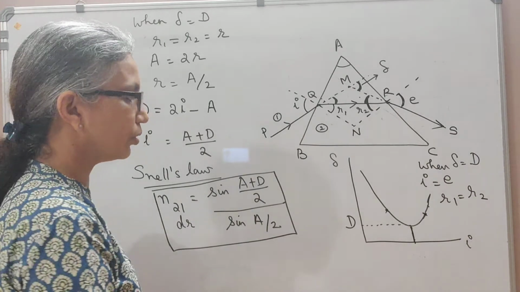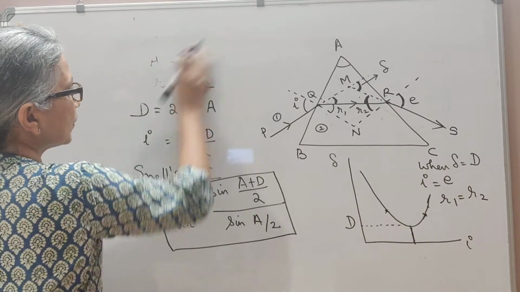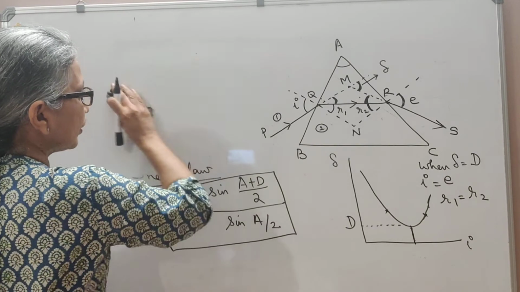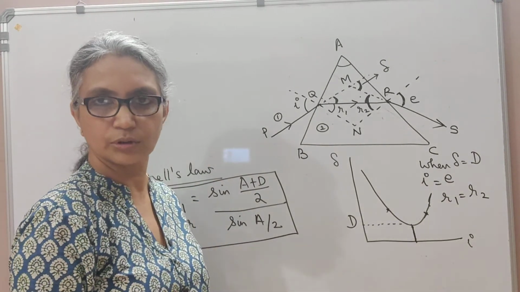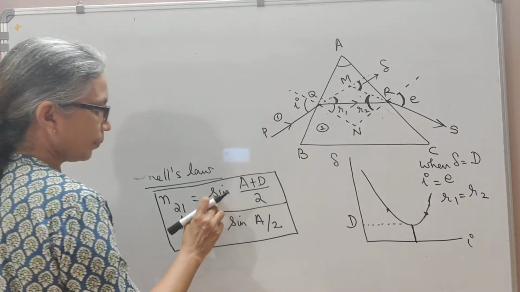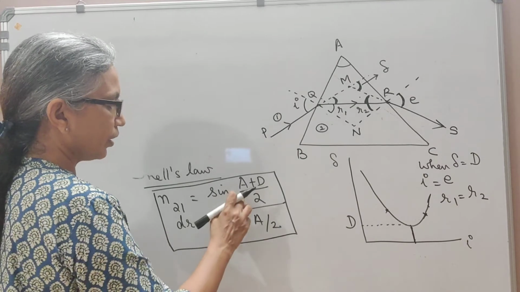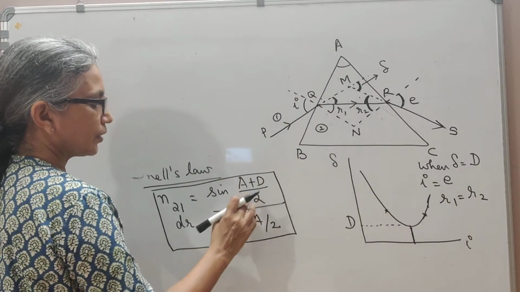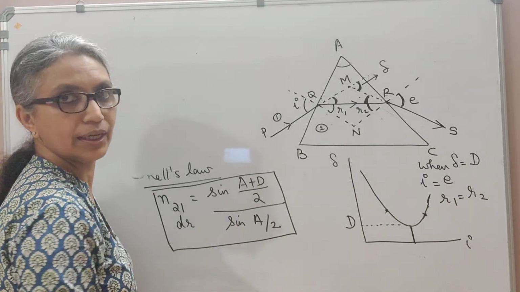Okay. And in case you have thin prisms, you may modify the formula for small angles, since you know sin theta is equal to theta. When angle A is very small, you may write sin A plus D by 2 as A plus D by 2 and sin A by 2 as A by 2.